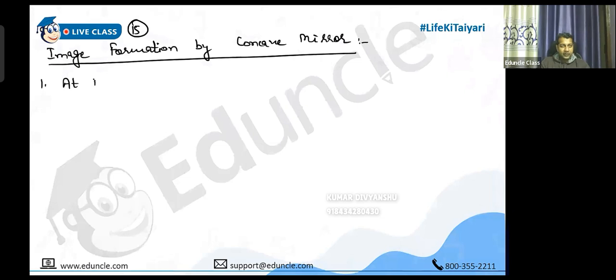So first case is at infinity. When the object is at infinity, then the image is formed at the focus.